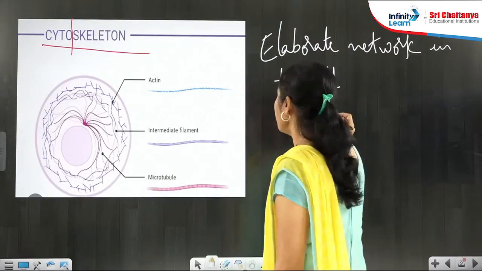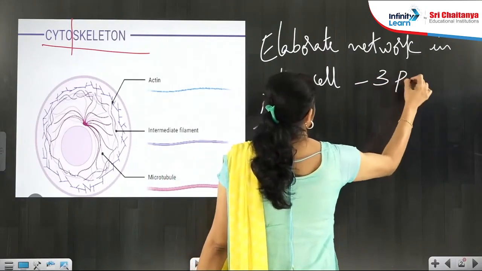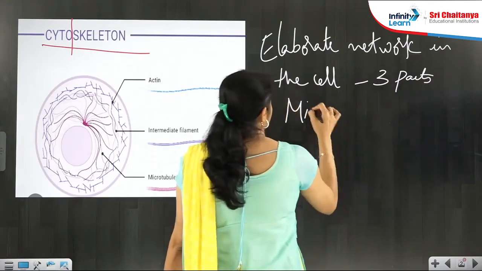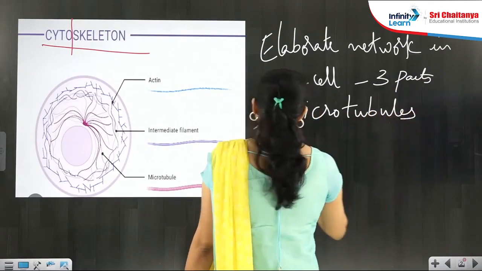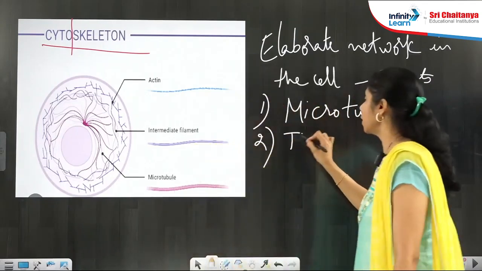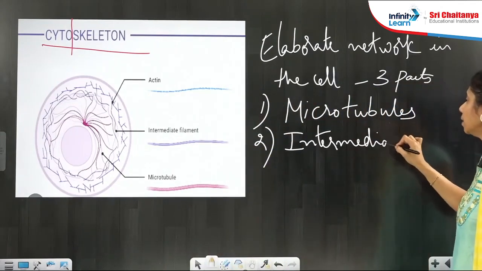It is made up of mainly 3 components. First one, microtubules. The second one, intermediate filaments.